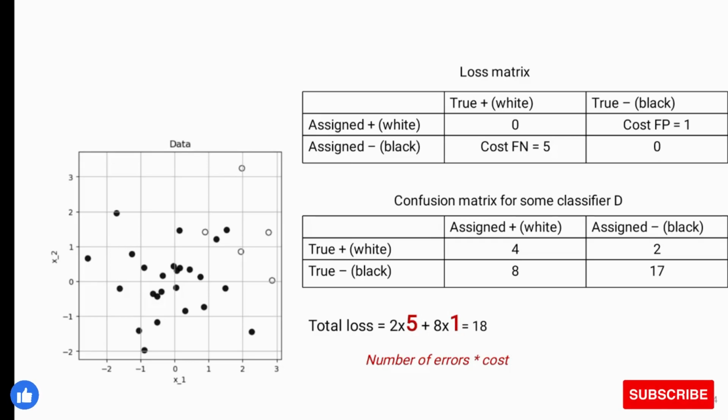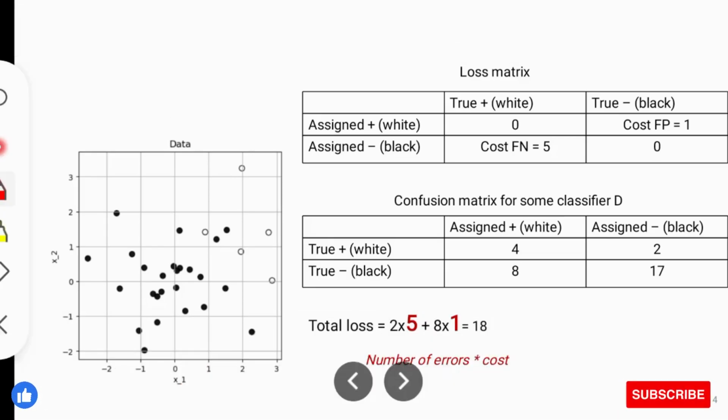When we're dealing with this cost-based problem, we need both a confusion matrix, which will be organized the way that we know and have been taught to be organized, and a loss matrix where it will be flipped over, and the assigned is always the rows. We will also see that getting it right is always a 0.